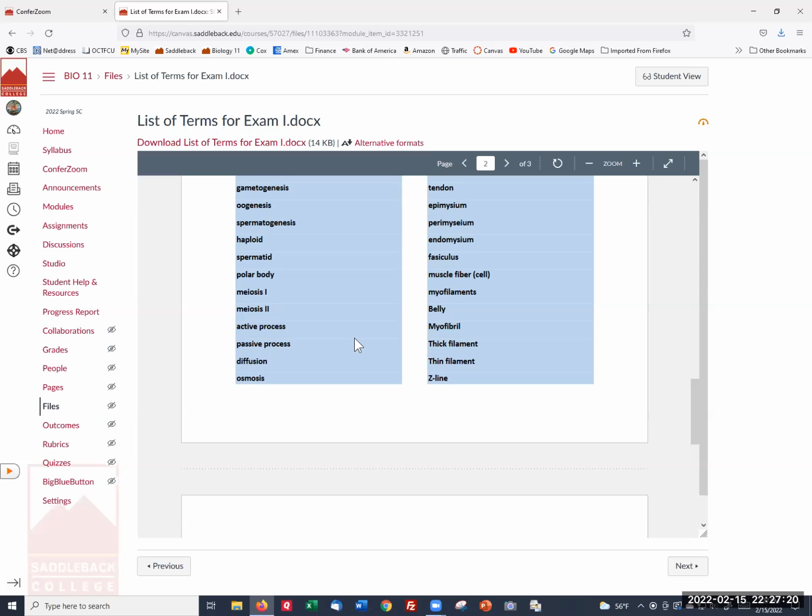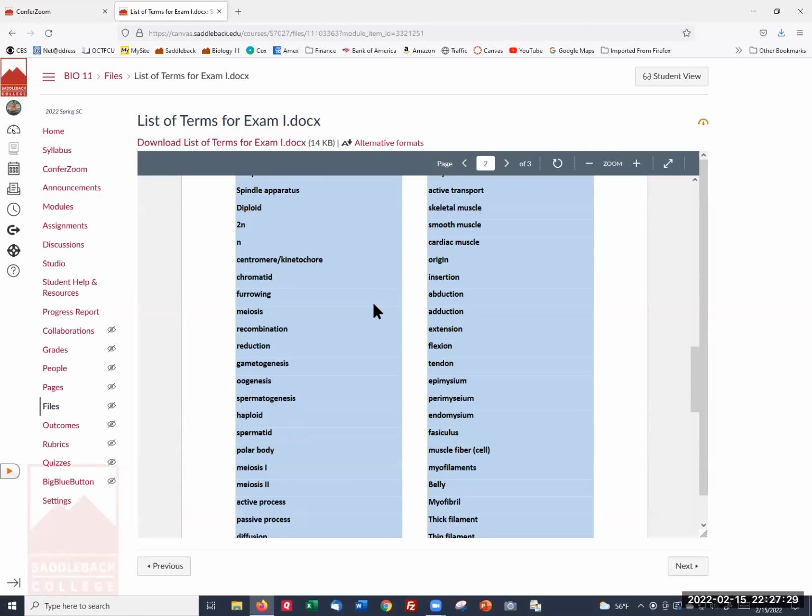So what you need to do in trying to study for these is just go through in your mind and pick one out. Okay, origin. It's referring to muscles. That's the part of the muscle that stays put during contraction. You don't write it out. You think it out to yourself.